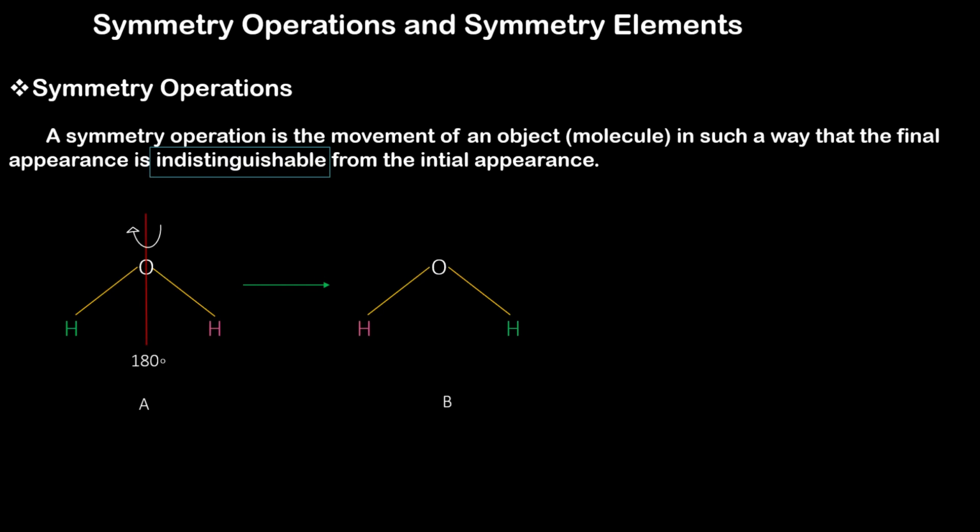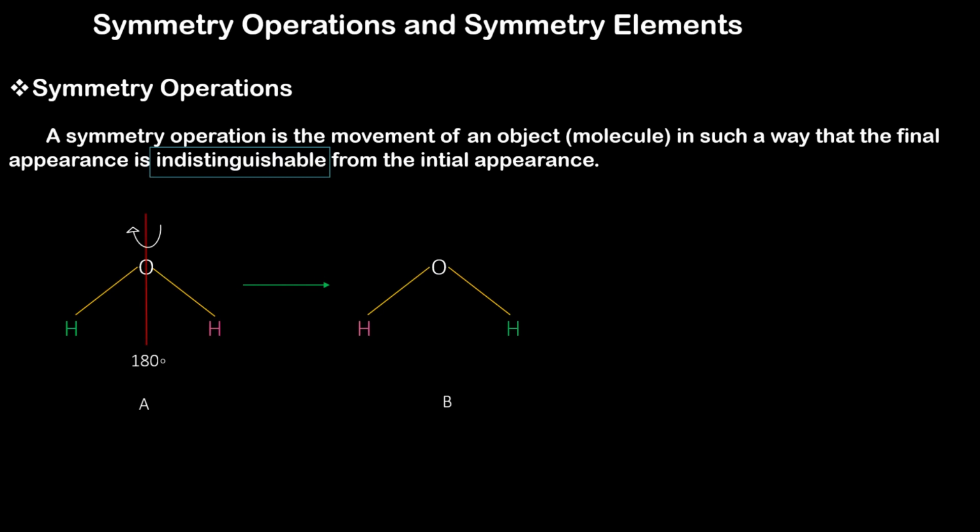But in reality, both hydrogens are the same. If two hydrogen atoms are of the same color, we cannot distinguish them. That means indistinguishable. But here, by coloring them, we can distinguish them.